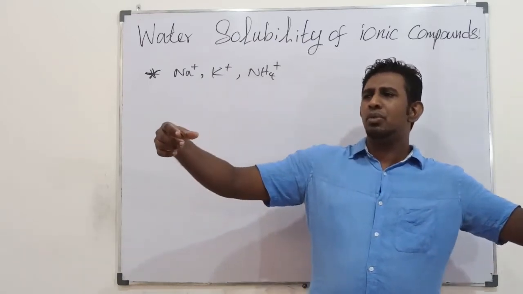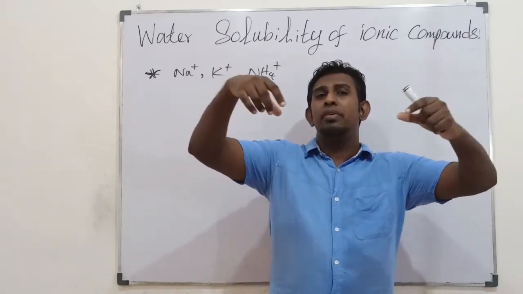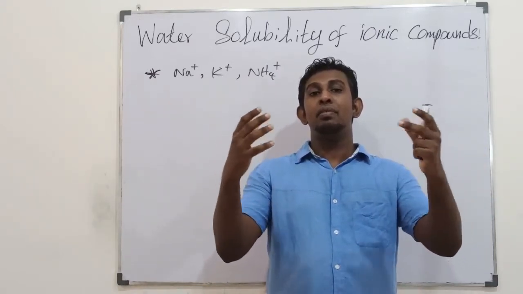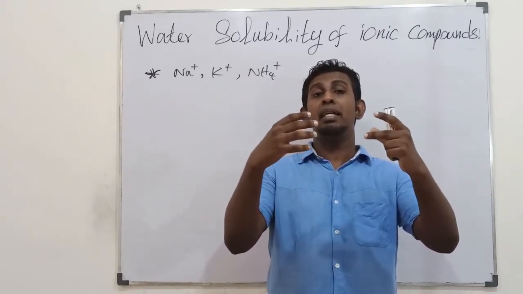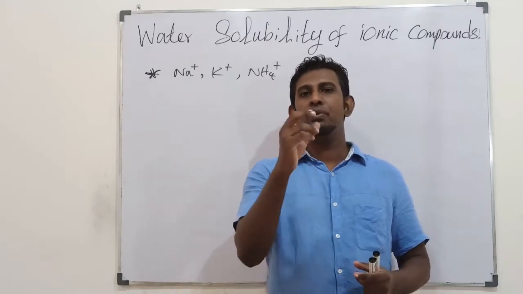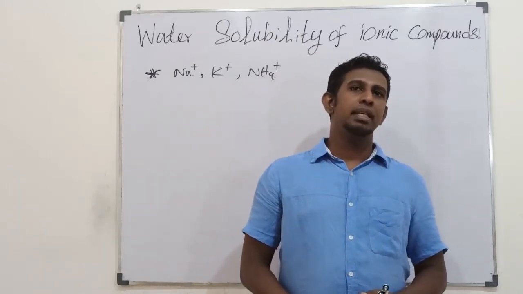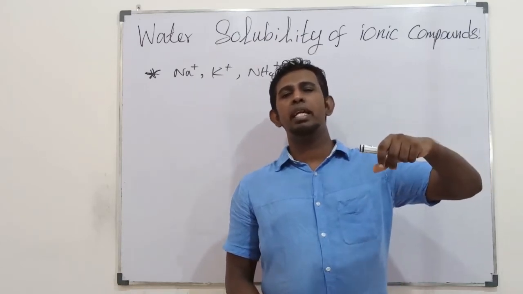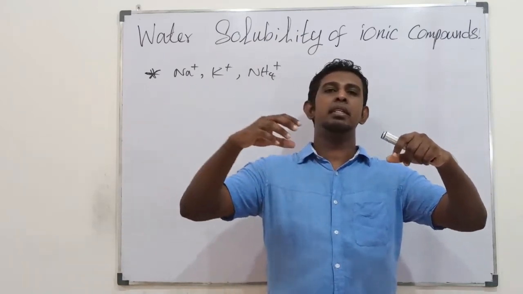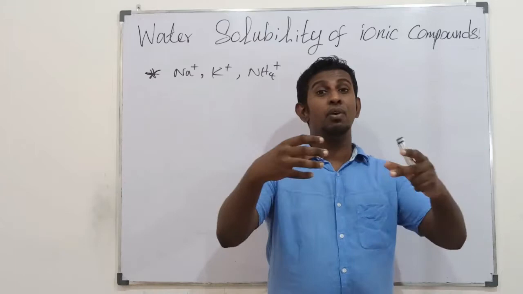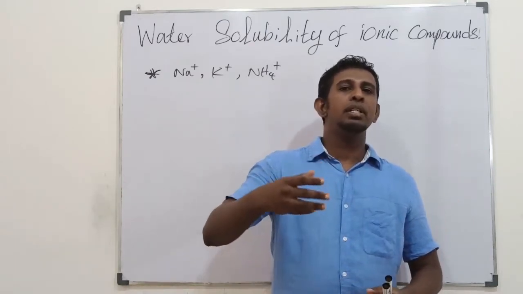But when you mix two solutions, and as a result of combining them you get a water insoluble substance being formed, let's say when you mix barium chloride with sulfuric acid, barium sulfate is formed there. It's water insoluble.